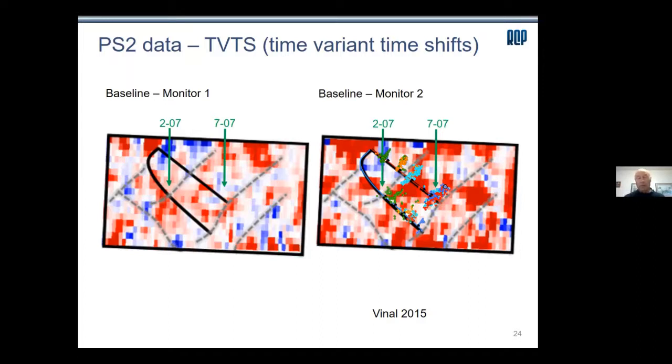But as I'll show you, that doesn't necessarily pertain here. The best well is actually the 2 of 7 well, where the microseismicity is more localized.